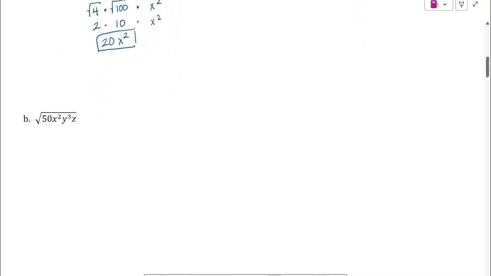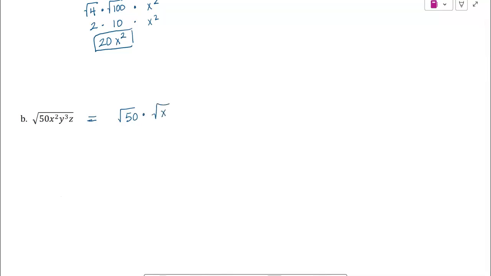For example B, we have a little bit more to think about because we don't have exact perfect squares under the square root. Let's try the same strategy we did for A, where we separate things into their individual square roots. Let's put 50 by itself, x squared by itself, y cubed, and then z.